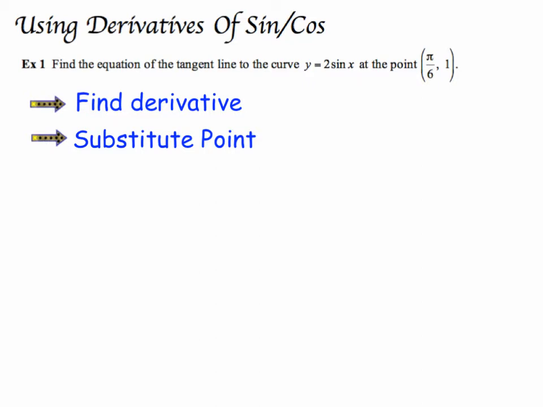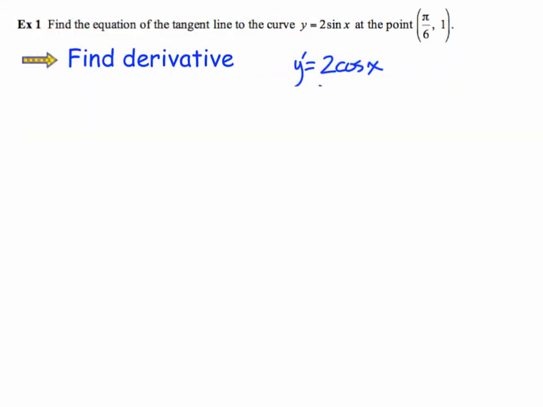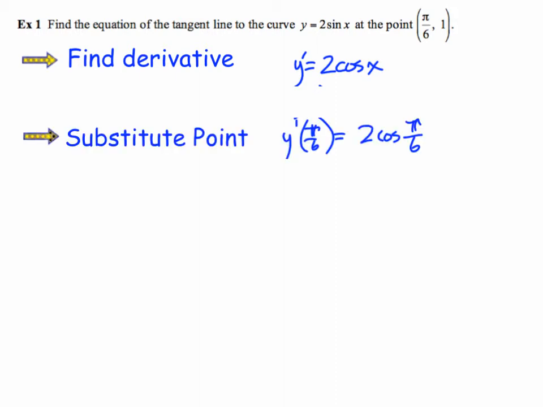So the derivative of y equals 2 sine x. The derivative of sine is cosine. So my derivative is 2 cosine x. Then I'll substitute the point pi over 6 into the x value, and I need to use my special triangle here.